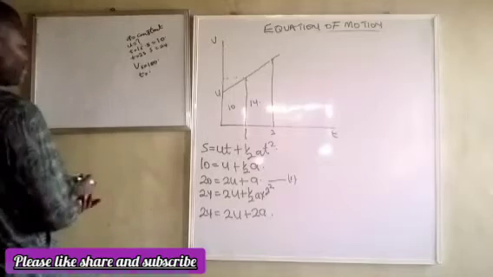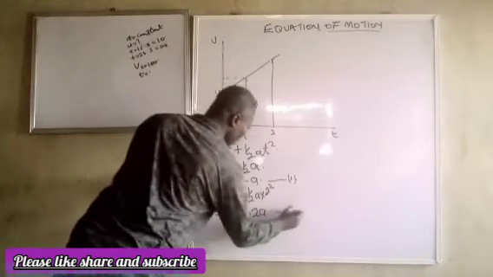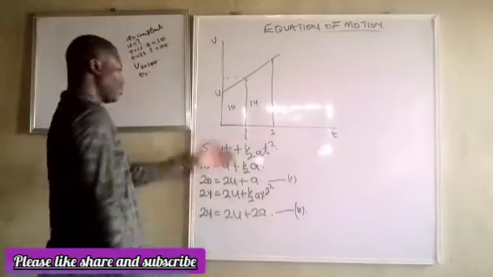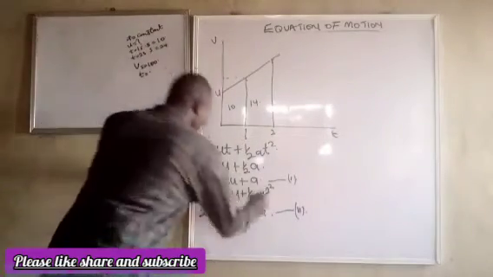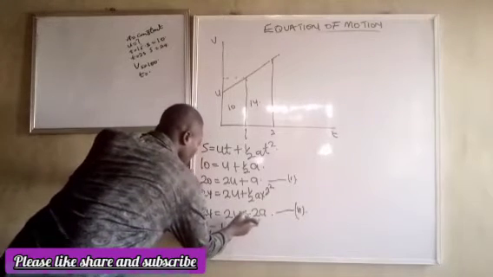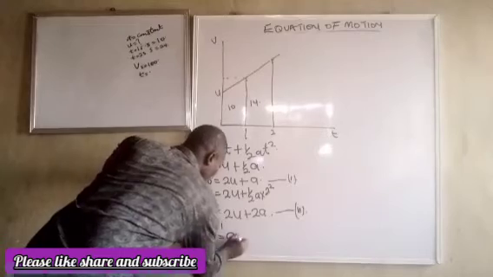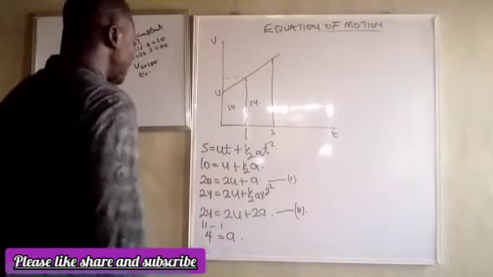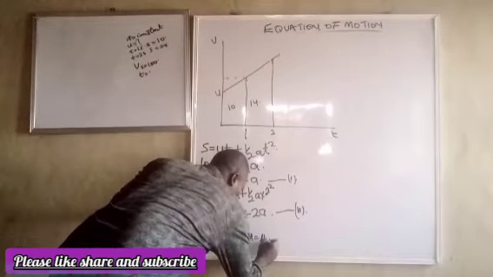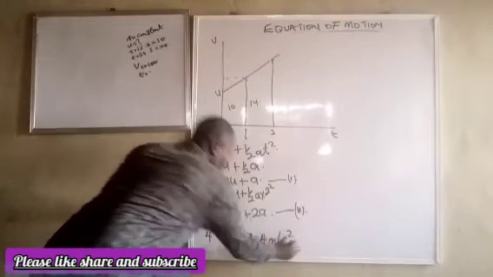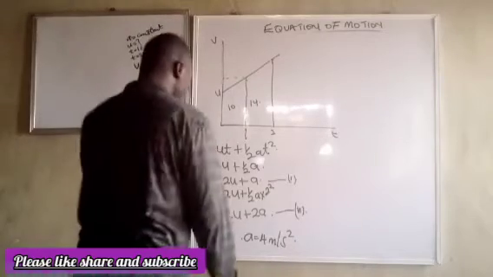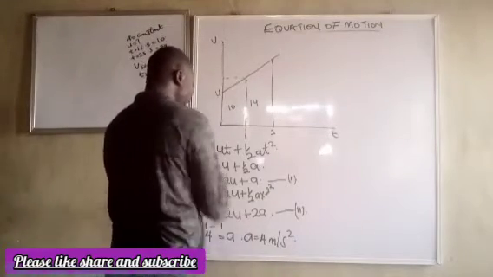So we have these two to worry about. So this is equation 2. Let's subtract equation 1 from 2. So we have 4 will equal a. So our acceleration is 4 meters per second squared. From this, we can find our U.